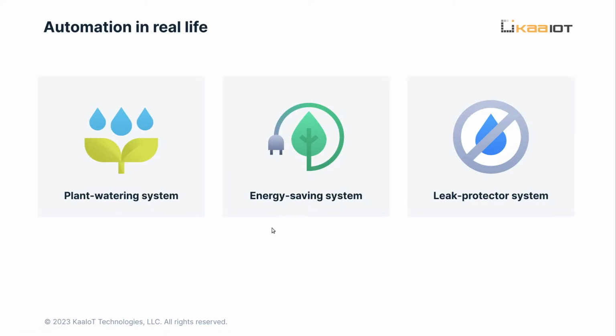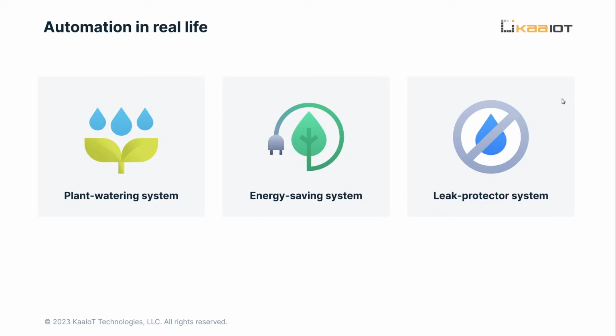Energy saving system. This system utilizes presence and temperature sensors to decide whether to turn on the space heating system or the air conditioning system to regulate the temperature. It also ensures that heating, air conditioning, and lighting are turned off when staff leaves the office.